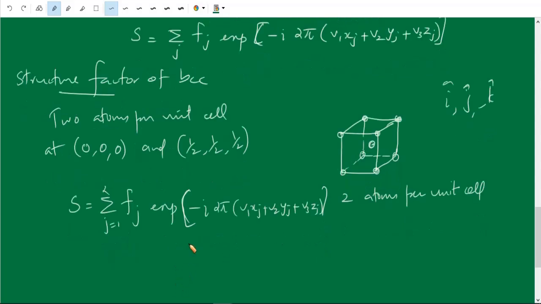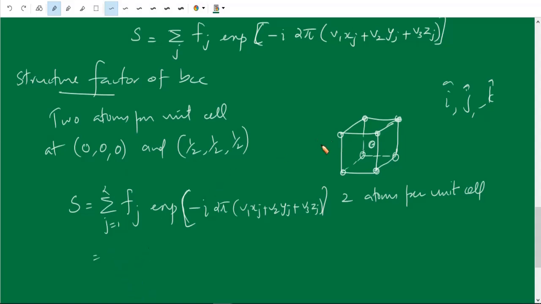Substituting these values, for the first atom x1, y1, z1 are 0, 0, 0, and for the second x2, y2, z2 are half. If we substitute 0, 0, 0, the exponent becomes 0.